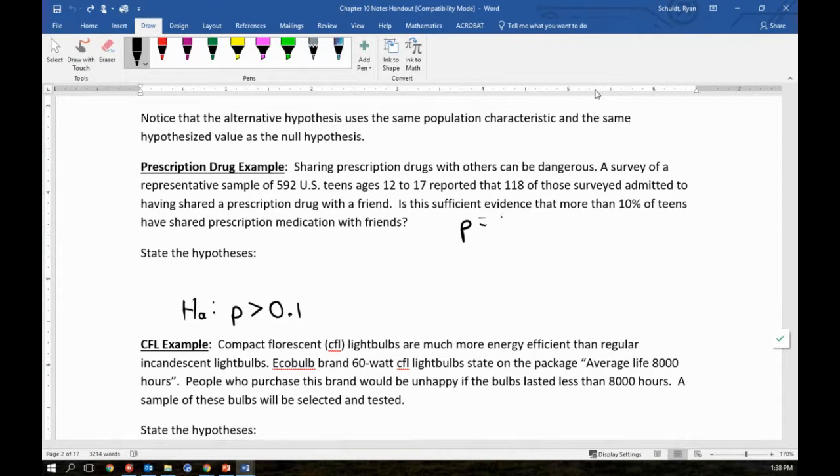Keep in mind, p is the true population proportion of teens who have shared medications.